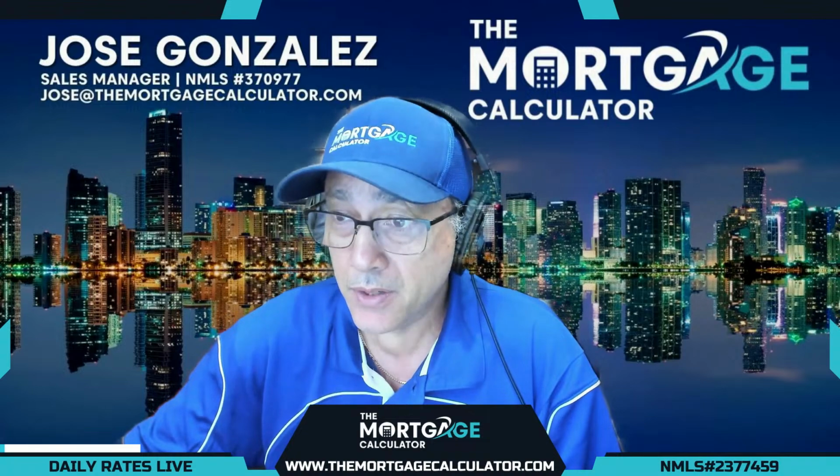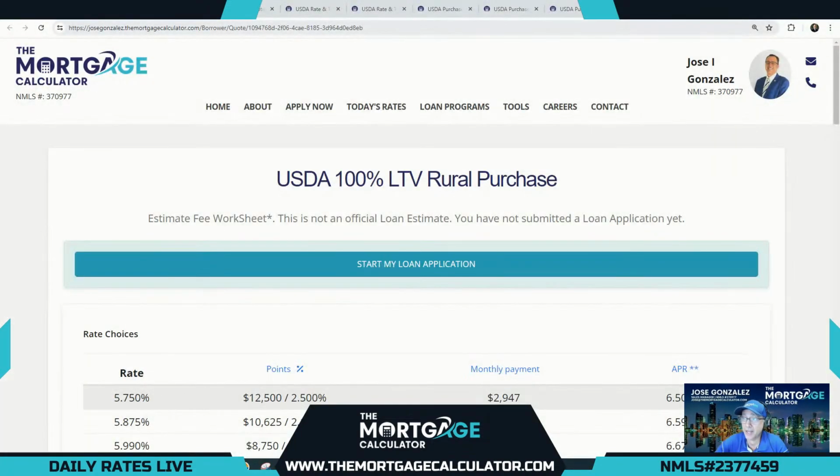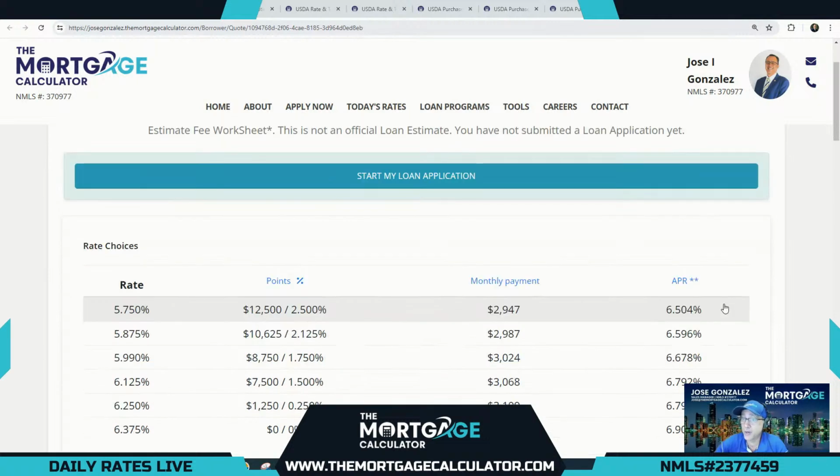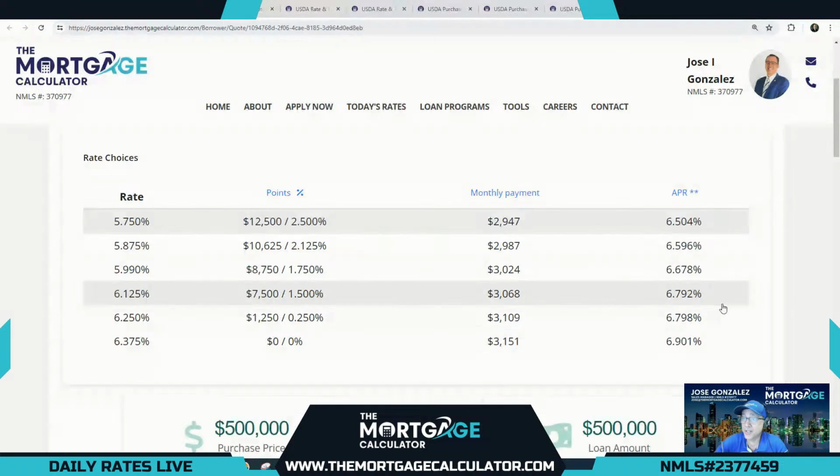So let me share my options with you today for all of the great USDA products that we have. Our first option here is for a 100% LTV, the standard purchase for a USDA property. Now, one thing I'm also going to make note of USDA, it is for 1-unit properties only. 2 to 4 unit properties are not accepted by USDA.